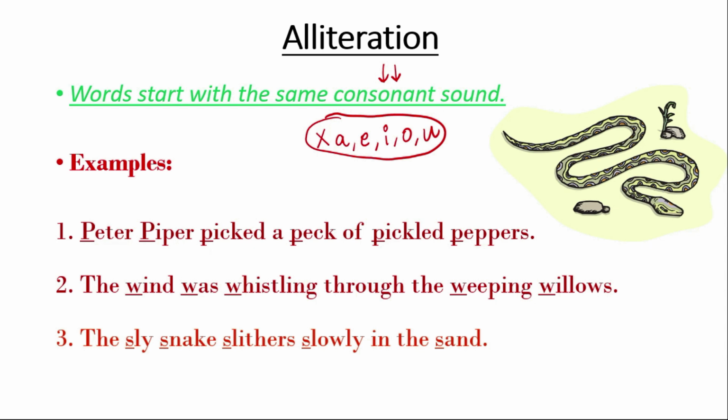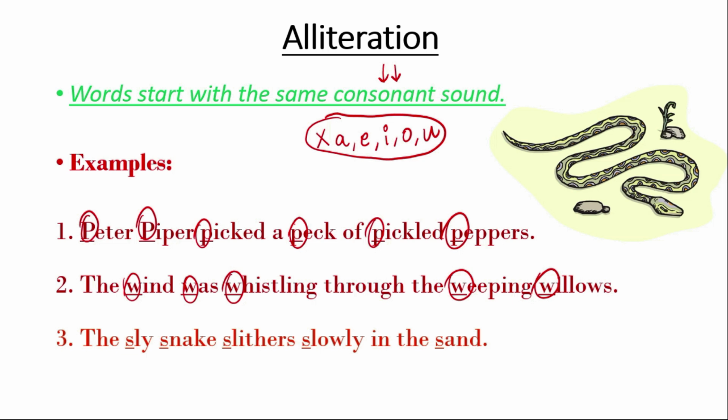First one. Peter Piper picked a peck of pickled peppers. So most of the words start with P. The next one. The wind was whistling through the weeping willows. Woof, woof, woof, isn't it? And the third one.